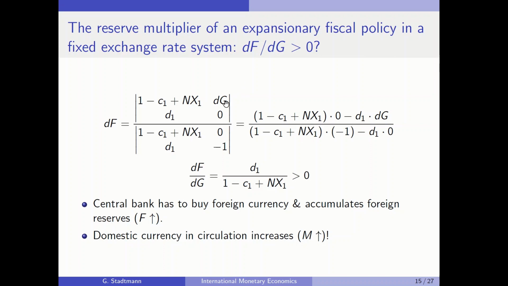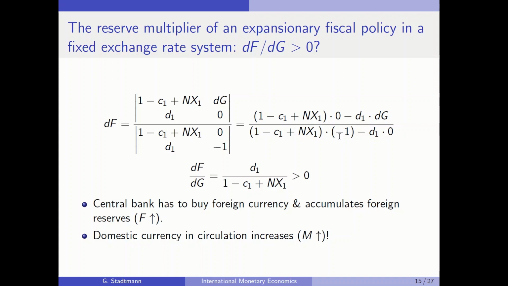We have inserted the solution vector on the second position of the coefficient matrix, and now we have to compute the determinant: 1 minus c1 plus nx1 times 0 minus d1 dG, and then 1 minus c1 plus nx1 times minus 1 minus d1 times 0. Also here there are some zero signs, like here is a 0 and there is a 0, so that some terms drop out.